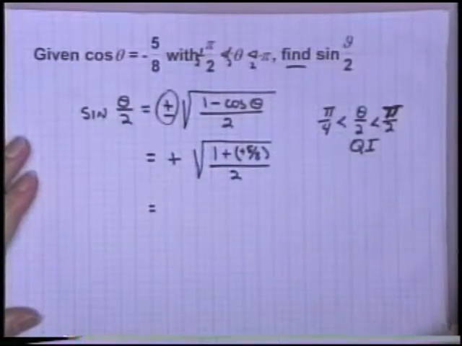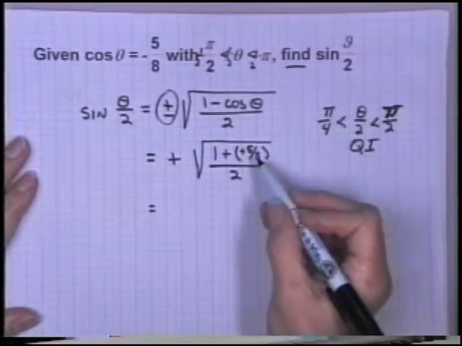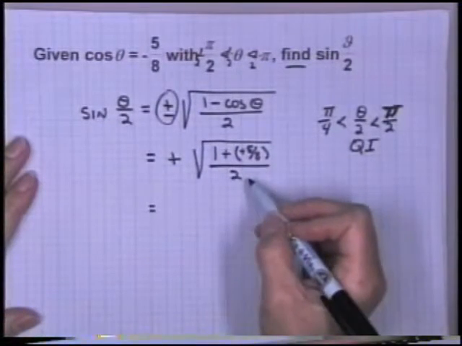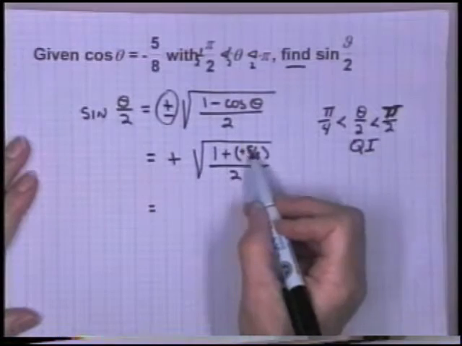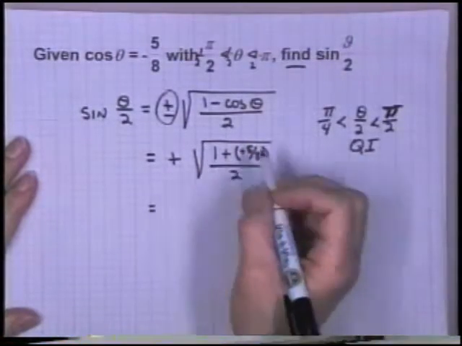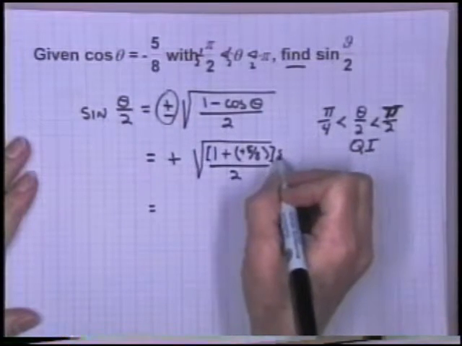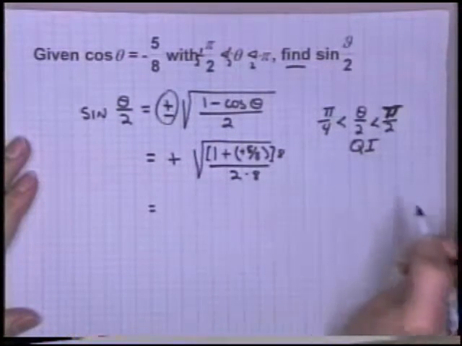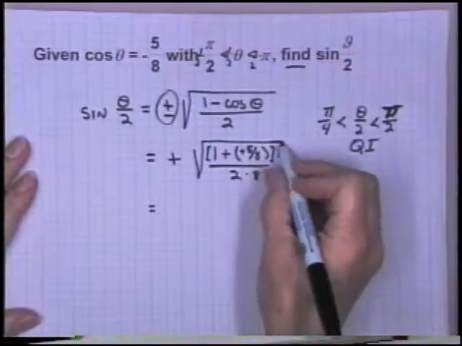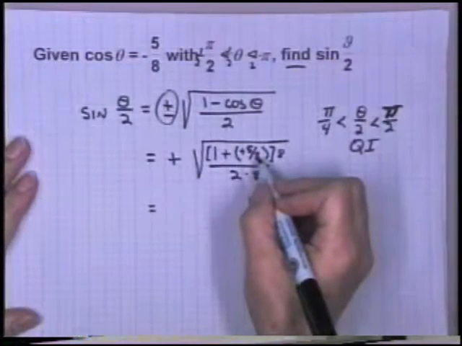Of course, this is going to change to 1 plus 5/8. Now I need to simplify this complex fraction. Of course, you could change 1 to 8/8 and add these, but I'm going to do this similar to what we've been doing on these other problems. I'm going to multiply the numerator and denominator by 8. Do you see why I'm choosing 8?